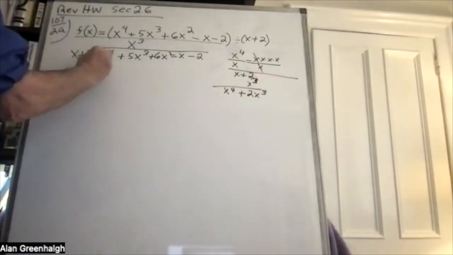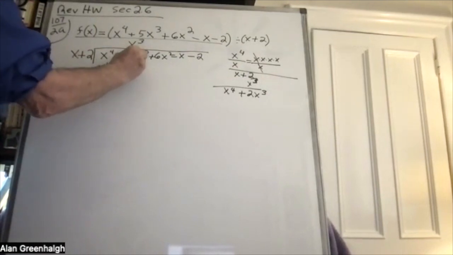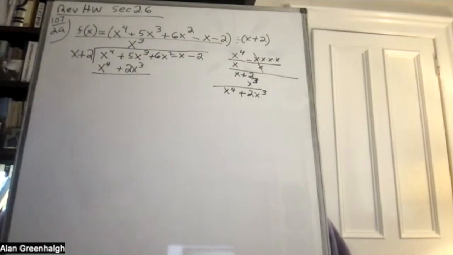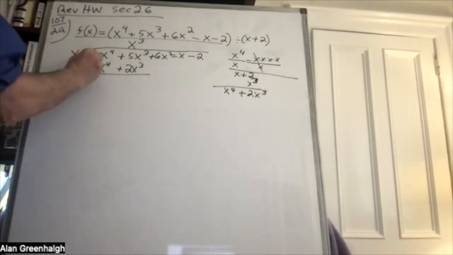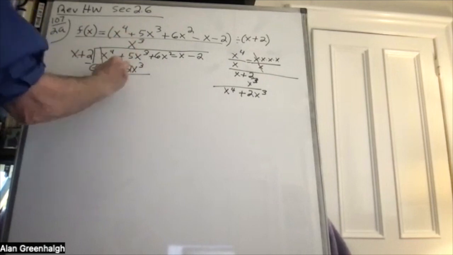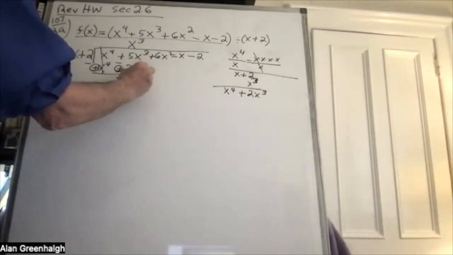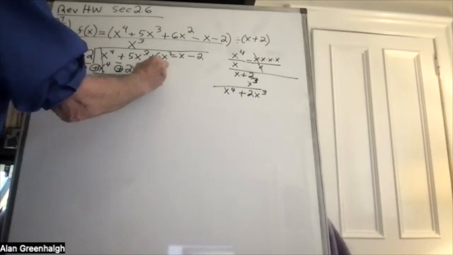So x to the fourth plus 2x to the third. And we're doing division. So when you do division, you change the signs. This cancels out. Here you get 3x to the third plus 6x squared.